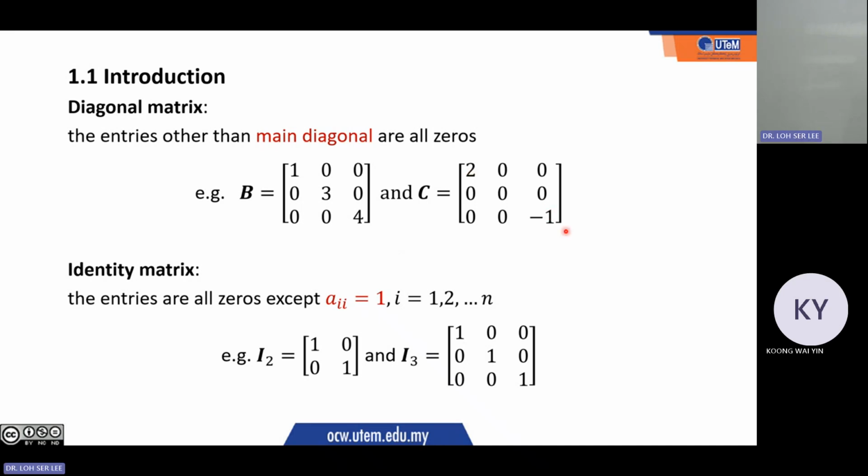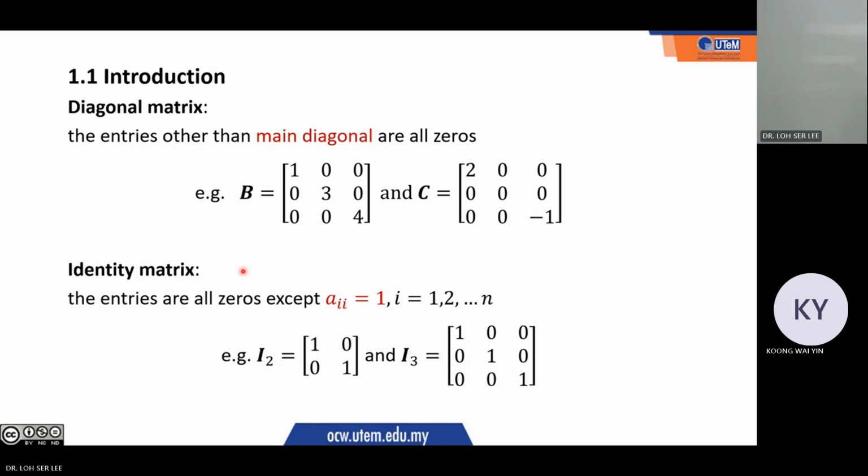For example, this is also a diagonal matrix, even though this is 0. And if this is 0 too, so you have only 1 non-zero entry and the rest are 0, we can still include this under diagonal matrix. But what happens if all of them are 0? We don't call this a diagonal matrix. This is a 0 matrix. If all entries are zeros, that is a 0 matrix.